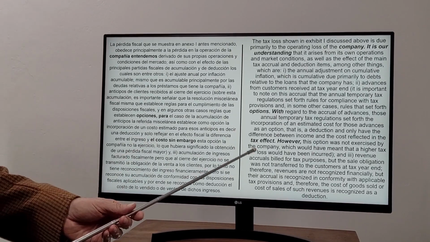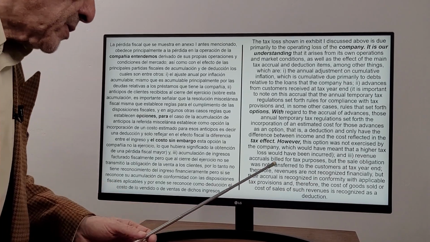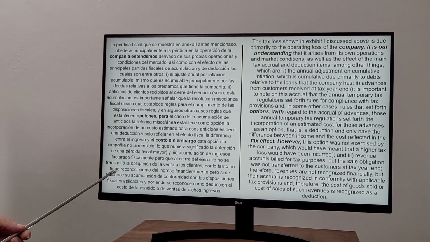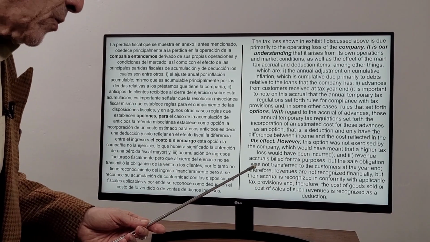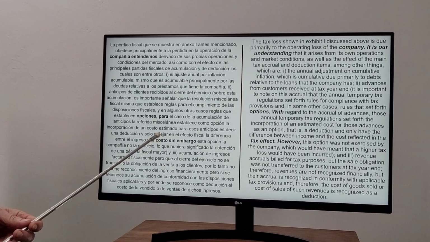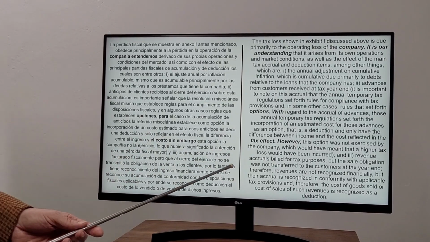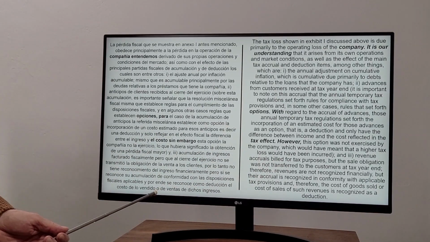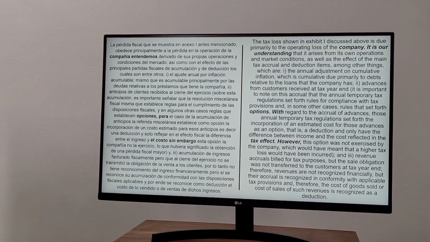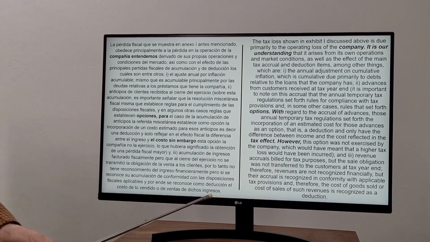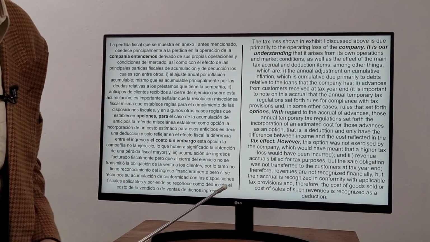I carry that over, the sale obligation, I come back and pick up my reflexive verb, carry it over as a passive voice. The sales obligation was not transferred. To whom? To the customers. When? At tax year end. And then we come to a semicolon here.